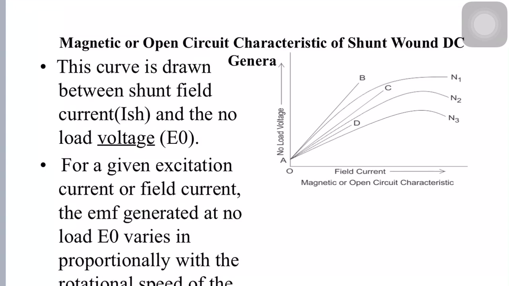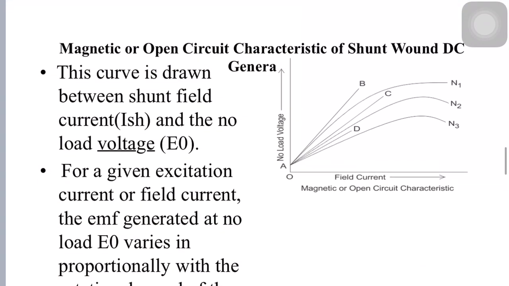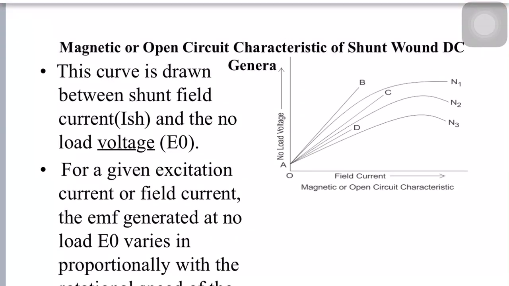So what we have to do, the external load resistance of the machine needs to be maintained always greater than its critical value. Otherwise, the machine will not excite, or it will stop if it is already running. And critical field resistance is the minimum external load resistance that is required to excite the shunt wound generator. Okay, these are the open circuit characteristics of DC shunt wound generator.